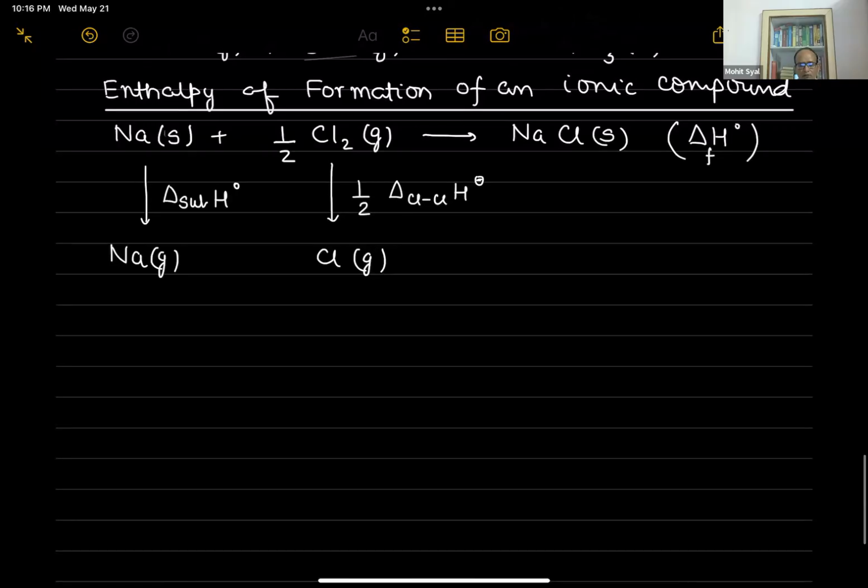Now convert this sodium to sodium plus. This is known as enthalpy of ionization. And Cl2 to Cl minus, because we need to prepare them so that they can combine together to form NaCl. So Na in NaCl is plus, and Cl is minus.